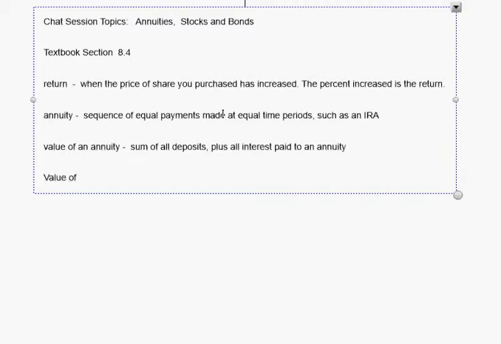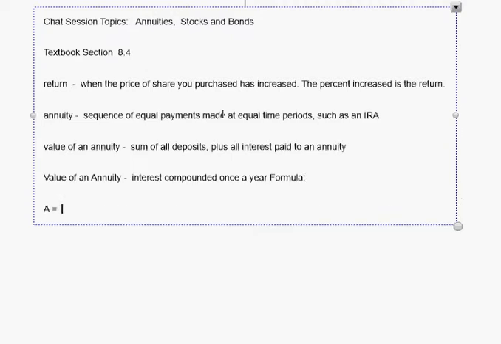Value of an annuity, interest compounded once a year. Formula.